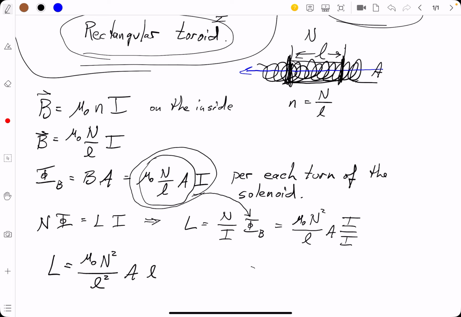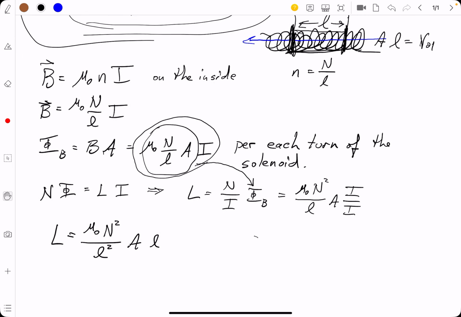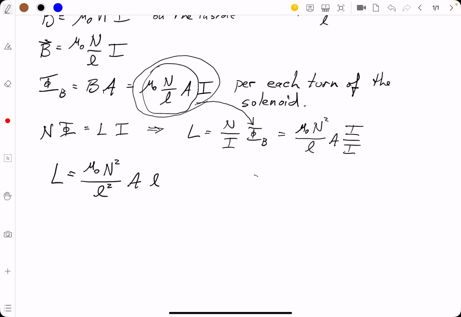We have found the volume. So A times L, the area times the length, is equal to the volume. We can go back to mu naught times n squared, because big N over L is equal to little n, our turns per unit length.